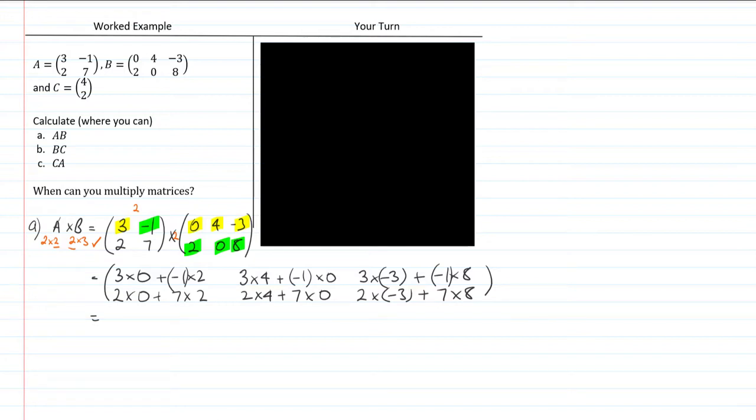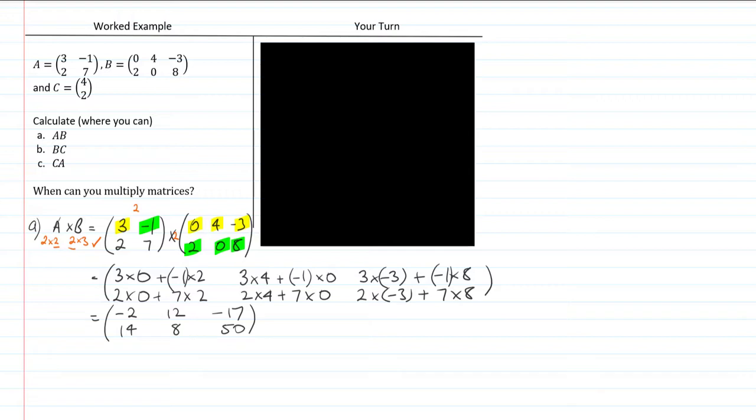Now I can calculate them. 3 times 0 plus negative 1 times 2, I've got negative 2 there, 12 there, negative 9 minus 8 is negative 17, 14 here, I've got 8 plus 0, so that's 8, and then negative 6 plus 7 times 8 is 56, so that's 50. Close those brackets, and there's my answer.